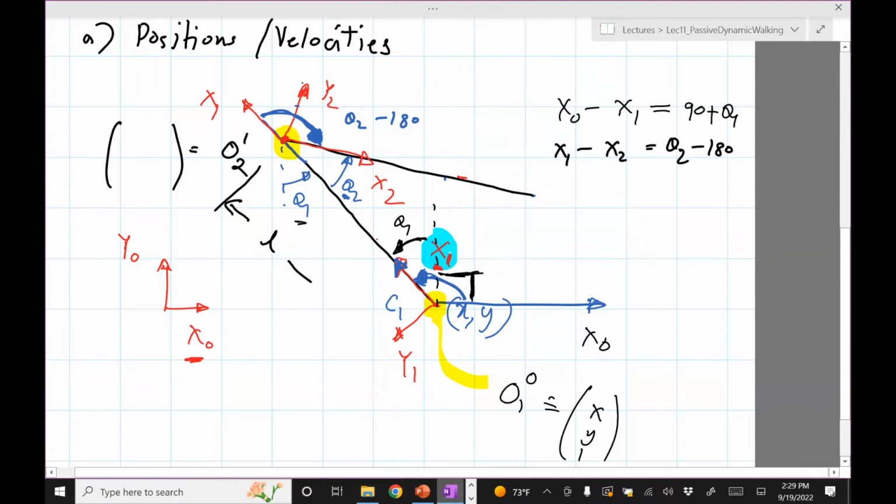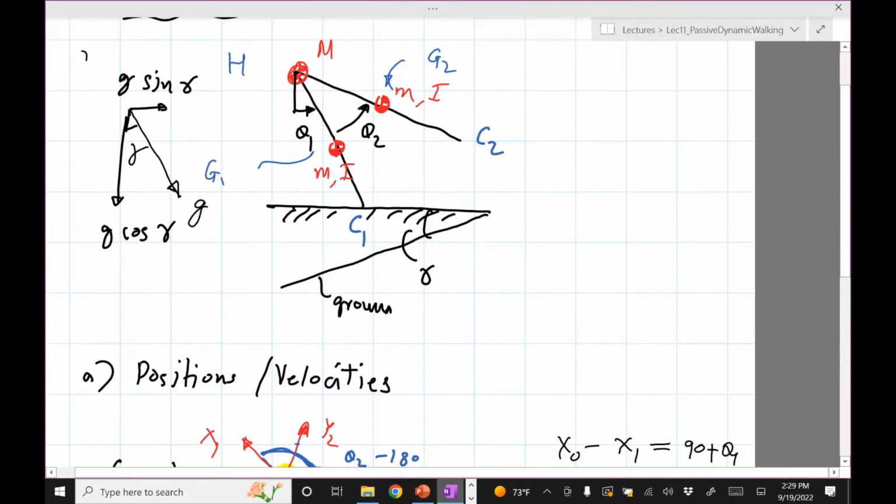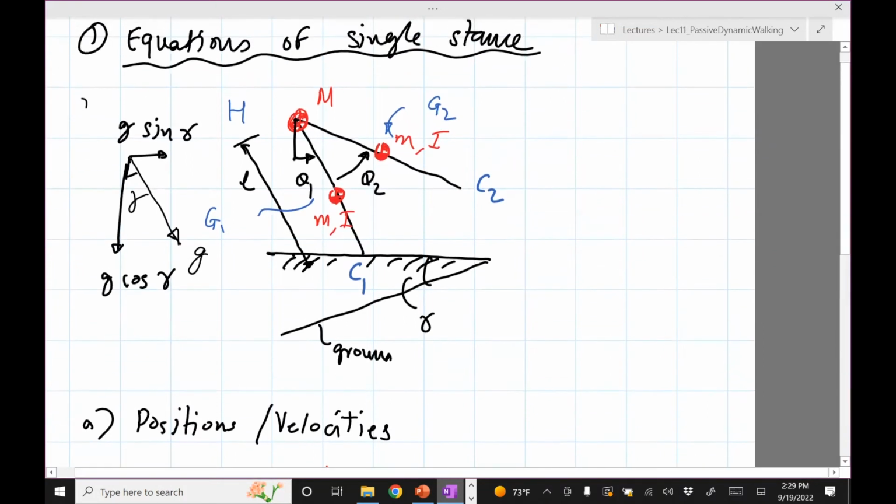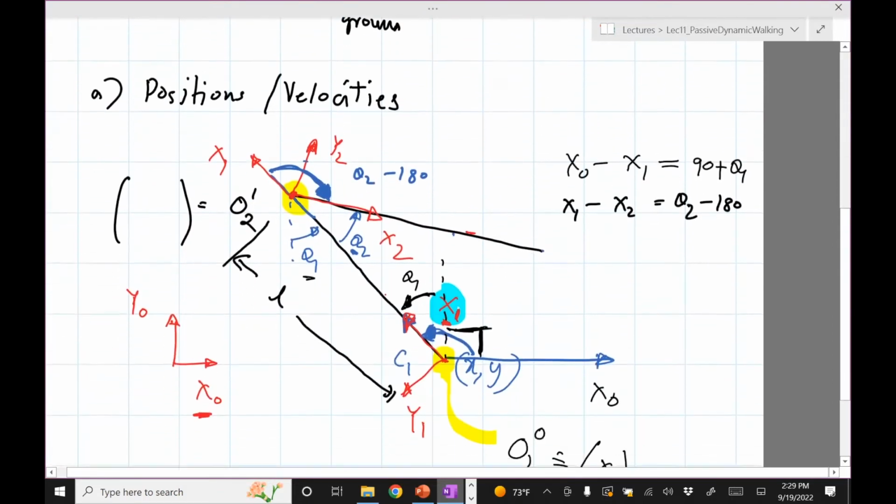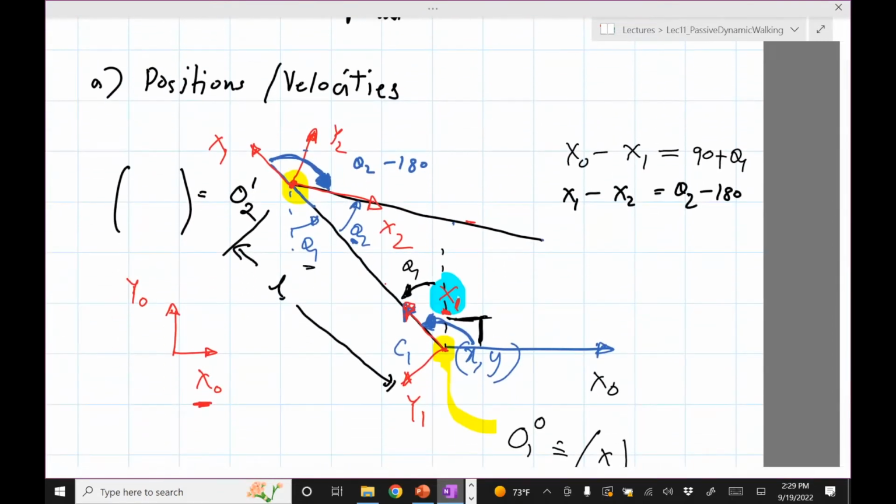Let's call this L. Say the leg length is L, and then this distance is C. So the distance along the frame 1 is L along x1, it's 0 along y1, and then just a filler so that we can do the homogeneous calculation.